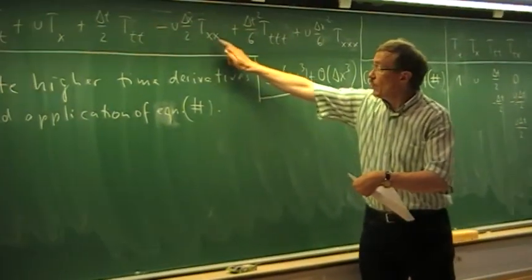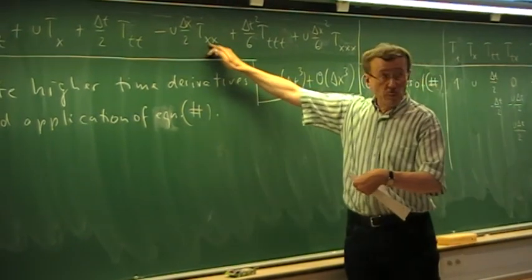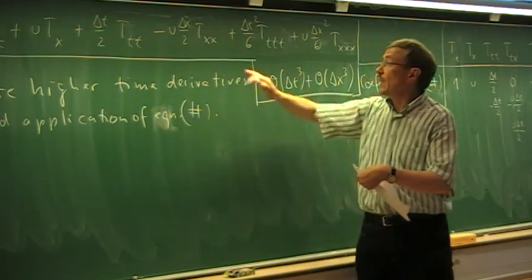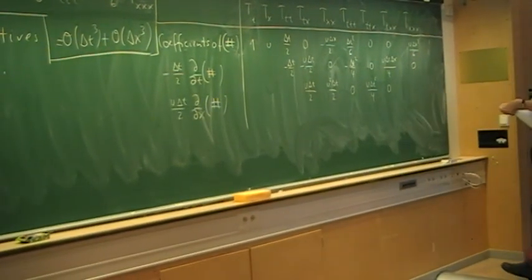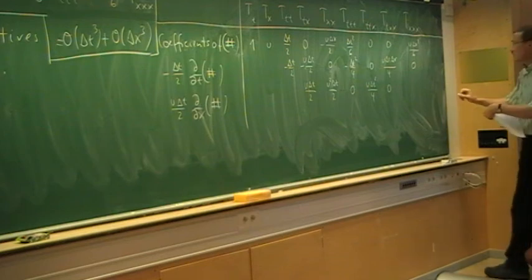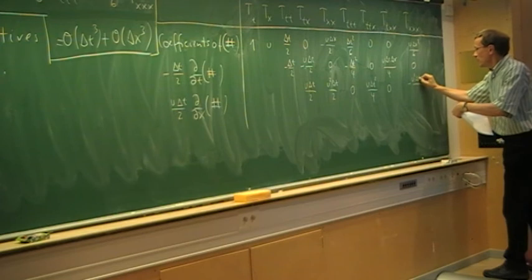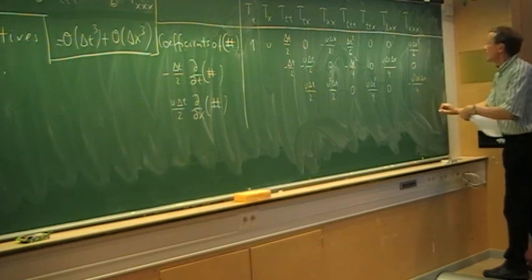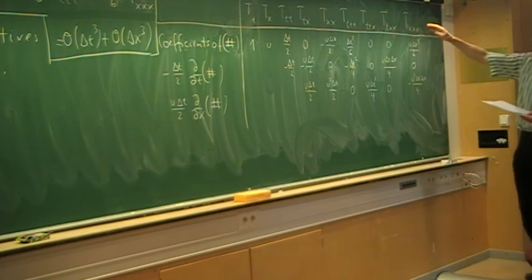We have to multiply that by u delta t half and derive it with respect to x. So we get a third x derivative here, and that is minus, because it has already a minus, u squared delta t delta x divided by 4. Okay, so far, and we will proceed in this way.